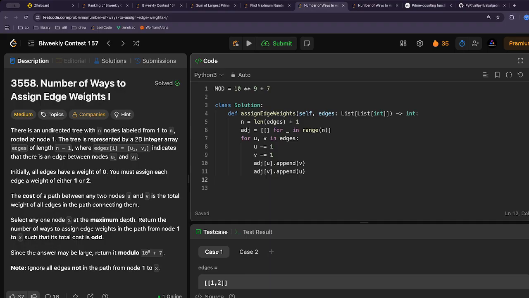So this is the usual code, and now what I like to do to calculate the depth is to do a BFS. So we could have a queue which starts at node 0, and the initial depth is 0, right?